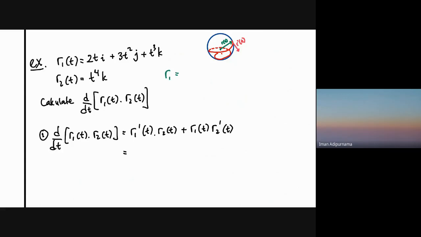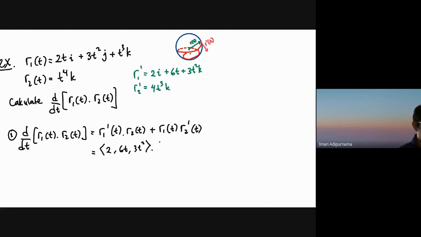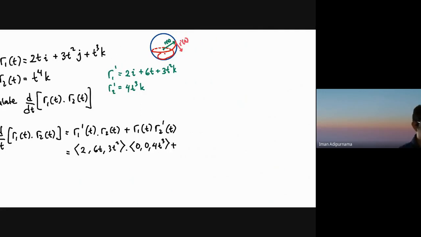So R1 is 2, 6t, 3t squared. Okay. And R2, right, is 4t cubed. So maybe let's write in terms of 2, 6t, 3t squared, and dot the 0, 0, plus.